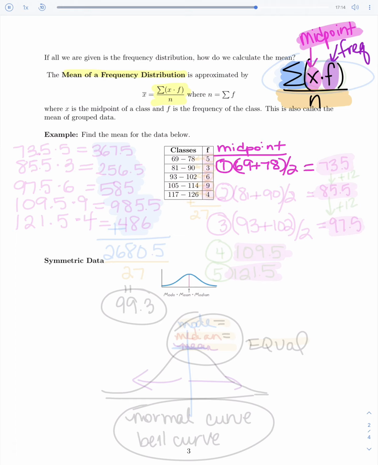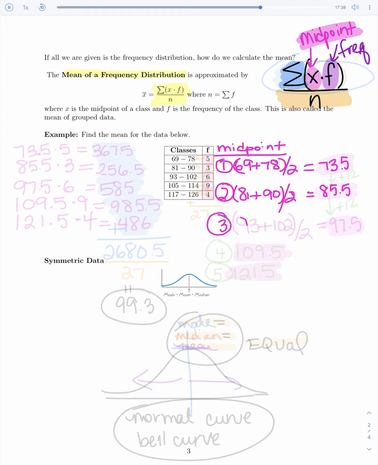So let's figure out what that is. That's going to be 73.5. The second class has a midpoint of, let's see, 81 plus 90 divided by 2, which is going to give us 85.5.